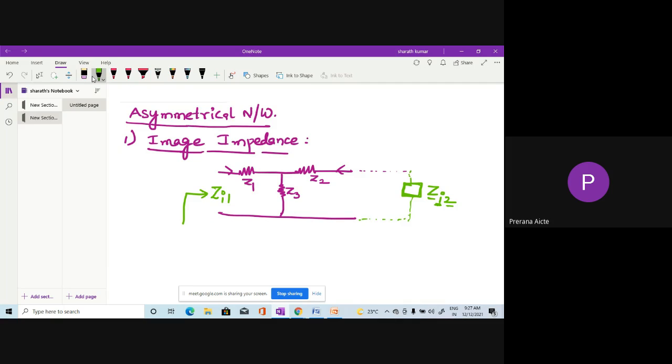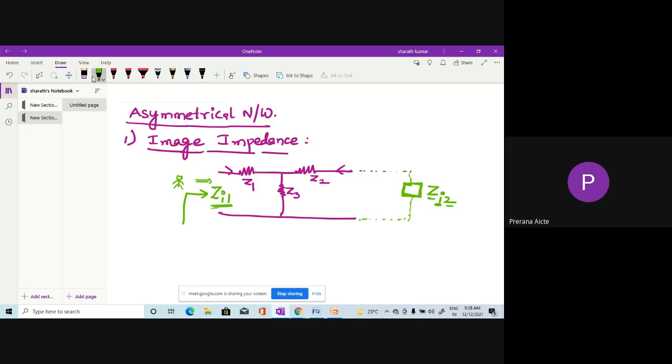Try to understand: if I connect a load named ZI2 at port 2, and a value ZI1 is found at port 1 when you look from port 1, then ZI1 is called the image impedance of that network.